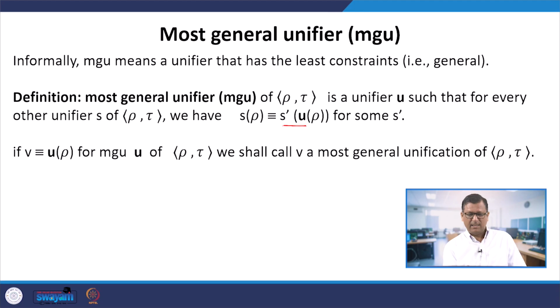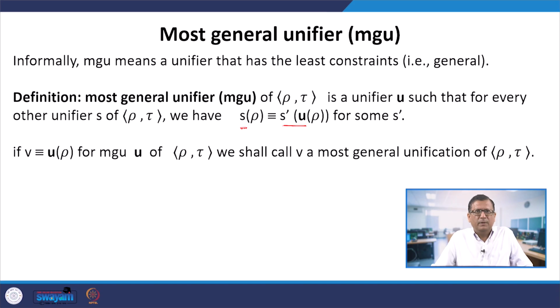That means S can be written as S prime u. The idea of a general unifier is that if u is a unifier of this pair rho tau, then for every other unifier S, this S can be written as a composition S prime u for some S prime.